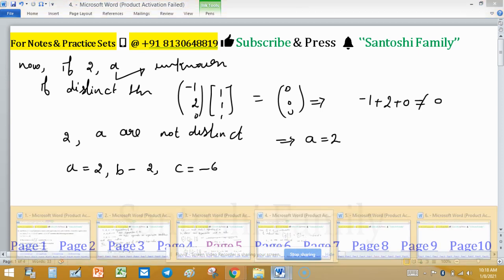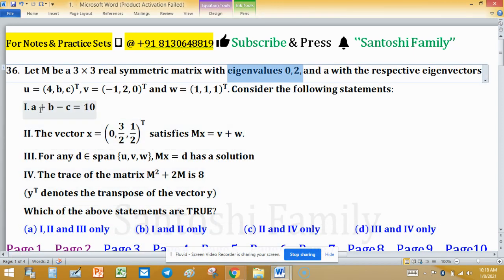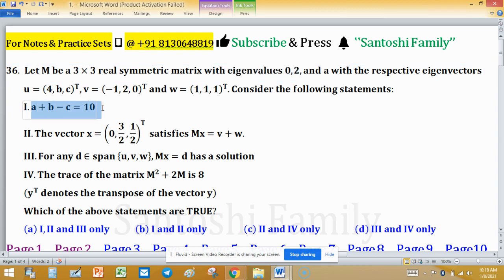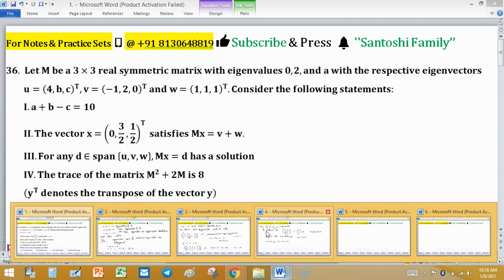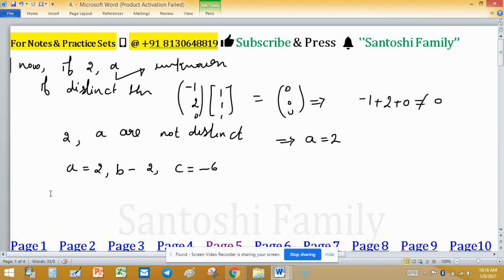By the first statement, a plus b minus c equals 10. Check this point: is a plus b minus c equal to 10 or not?